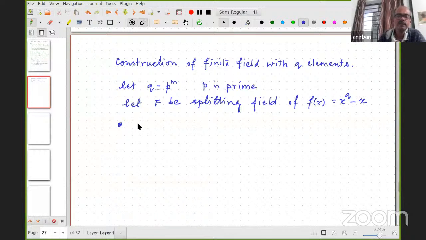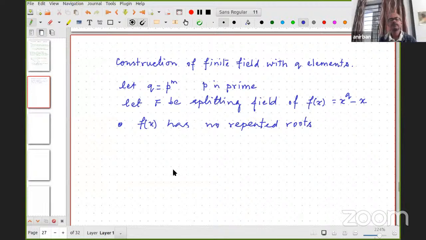So we observe that f(x) has no repeated roots. So F has all its roots. So all the roots of this polynomial, x to the q minus x, are inside F.